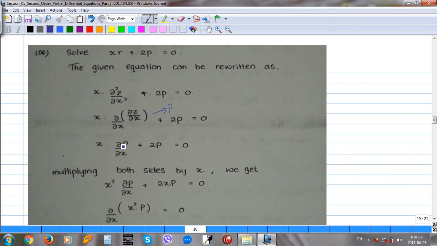Then x times ∂p over ∂x plus 2p equals 0, right?